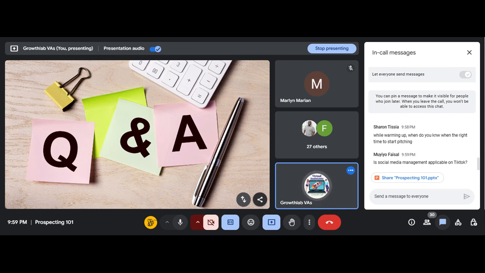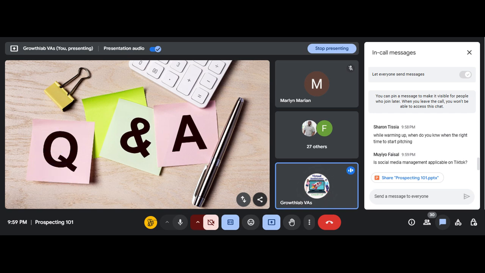Because you're coming off the post, you'll tell them, I like the post about this and this and this, and then ask a follow up question about it just to get them to reply in your inbox. Then, after they reply, you can now take them down the prospecting route.